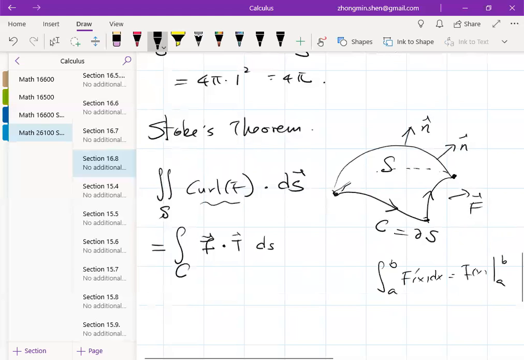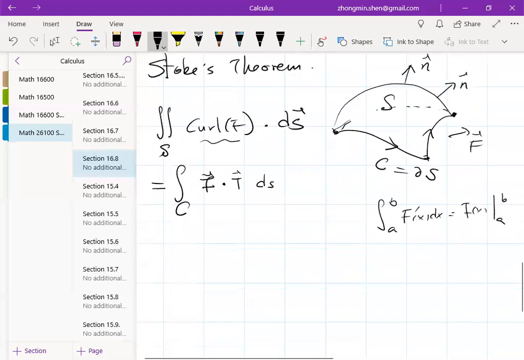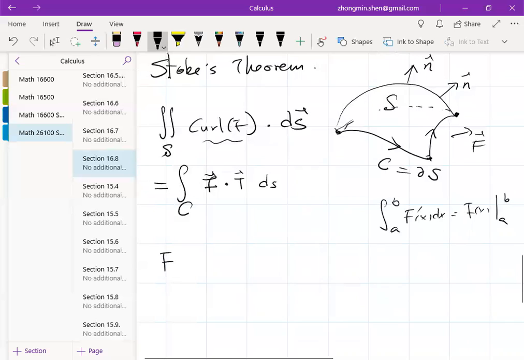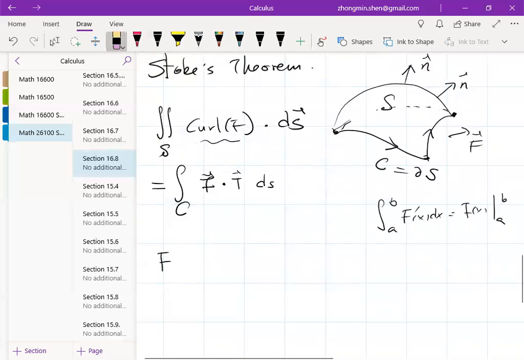Okay, now I want to look at the special case. Let's recall the formula. If capital F is given by its three components, P, Q, R, I'm not going to mention the variables x, y, z here, just for simplicity.